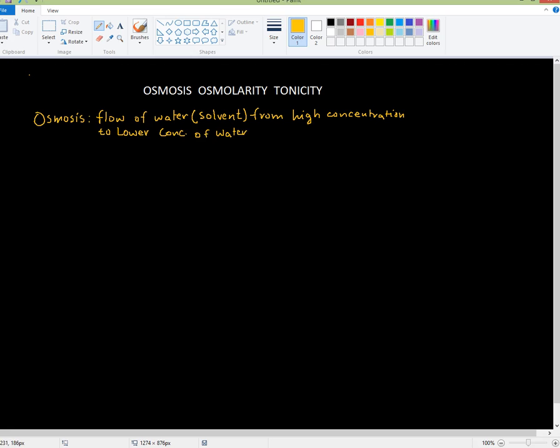Either we can define this, the water is moving from higher concentration, that is along the concentration gradient.